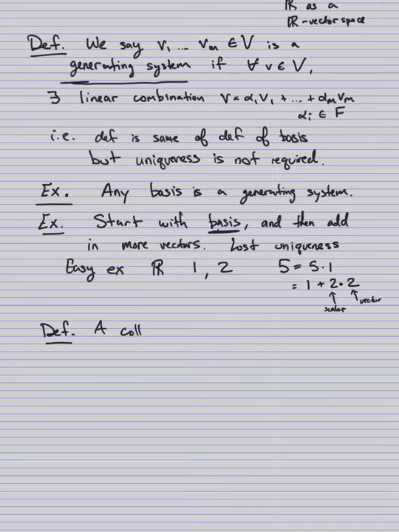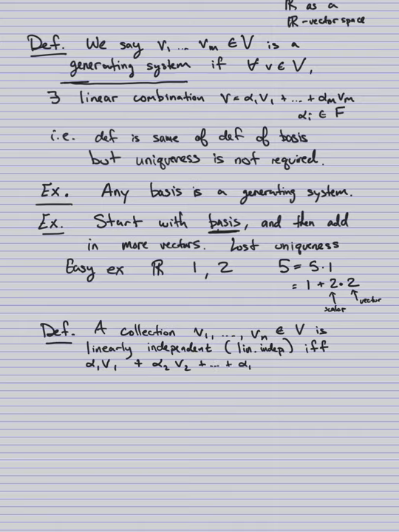So a collection V1 up through Vn in V is linearly independent, which I will probably shorten to something like this, if and only if I have a linear combination, so if I have alpha 1 V1 plus alpha 2 V2 plus alpha n Vn, and I got that this linear combination was somehow equal to the 0 vector.